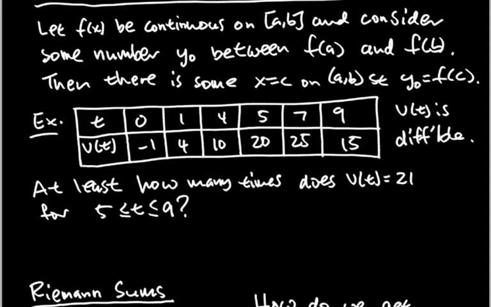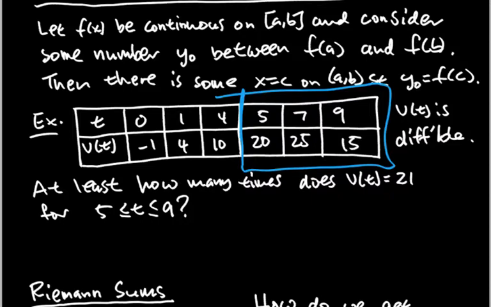Alright, anyway, so we know that this is continuous, and a question asks, how many times does v of t equal 21 on the interval from 5 to 9? The interval from 5 to 9 is here, right? And the question is, how many times does it equal 21? We can't necessarily say, but we can say at least twice.